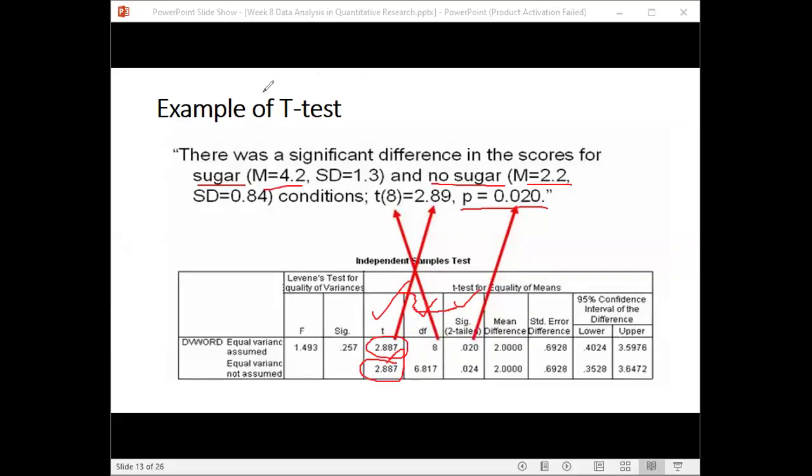Now, the rule of thumb for every T statistic is that if the T statistic is greater than 2, we say that we reject the null hypothesis.